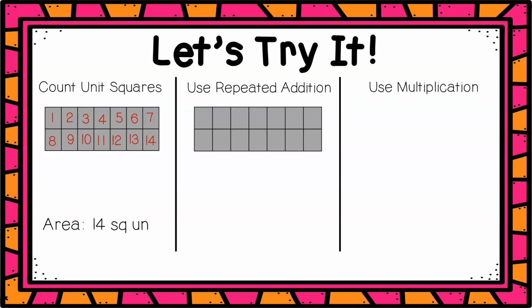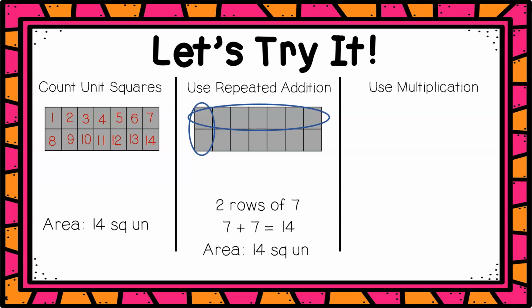Remember, first figure out how many number of rows there are going down, so 2, and then figure out the number in each row, which is 7. We have 2 rows of 7, which means we can do 7 plus 7, and we know 7 plus 7 is 14, so the area is 14 square units.